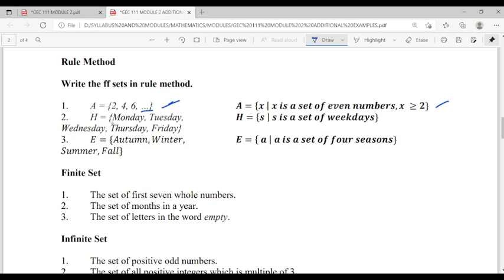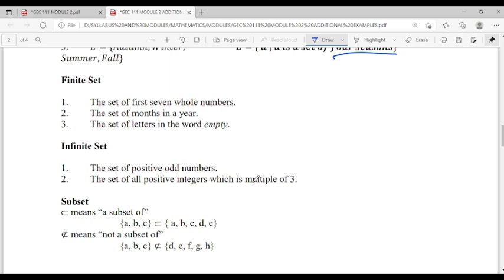H, so this is the set of weekdays from Monday to Friday. E is equal to the 4 seasons. And these are examples of finite and infinite sets. Then we have the subset.